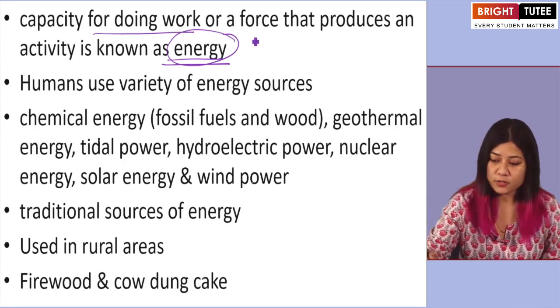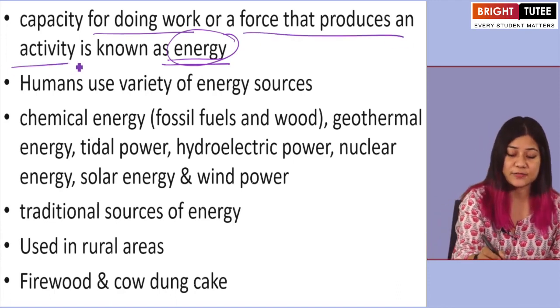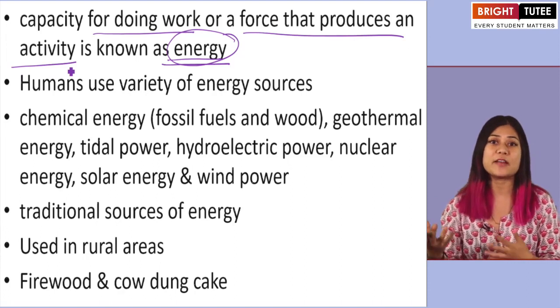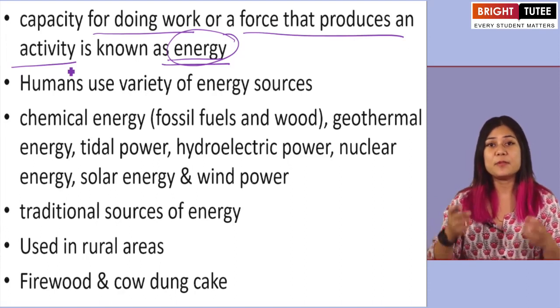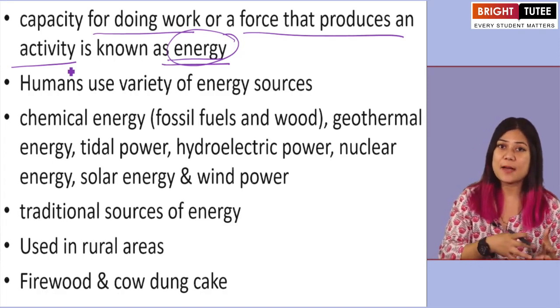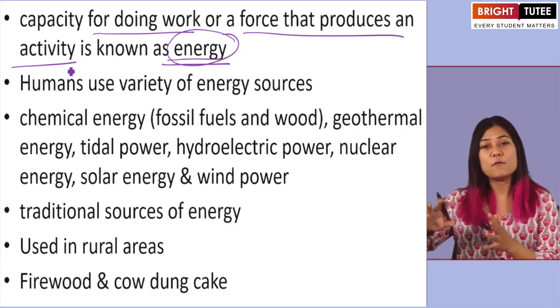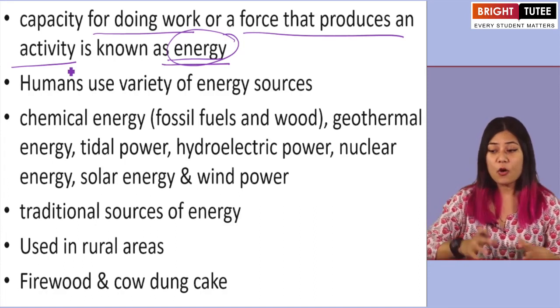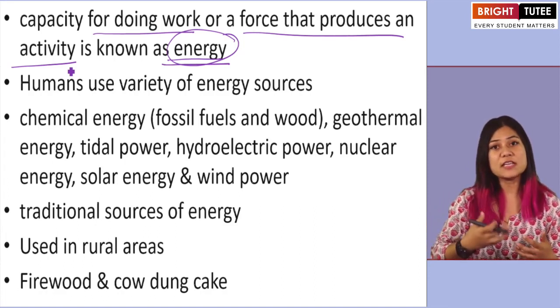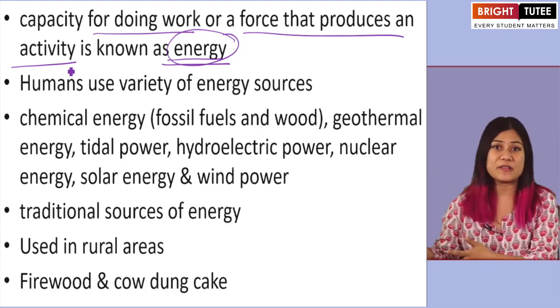Or a force that produces an activity, any force which is used for the production of an activity. Say for example, force used to connect the water from the dam to a channel for irrigation, or the force used in the water for the production of electricity.